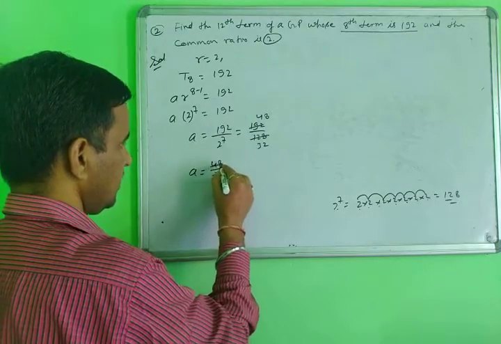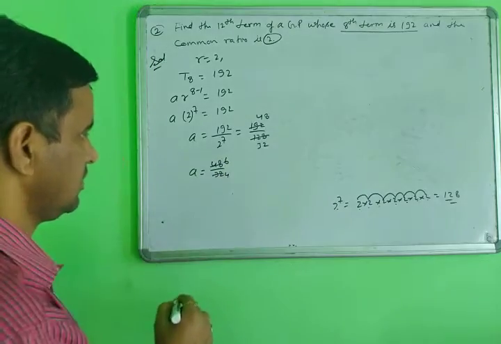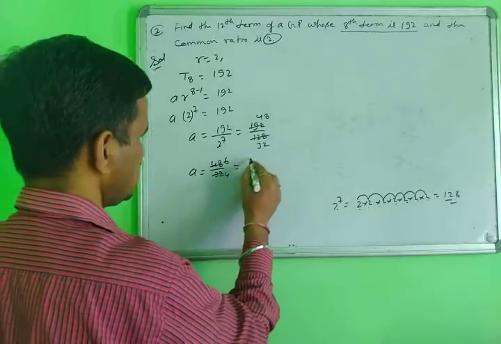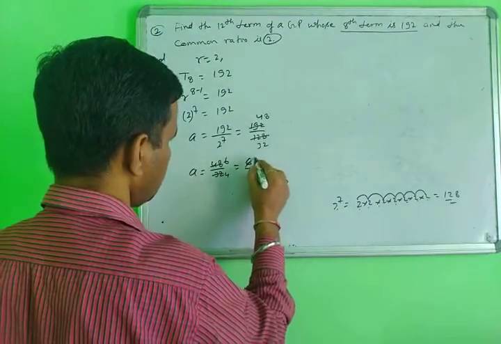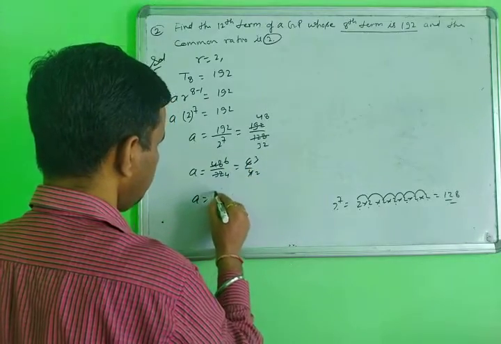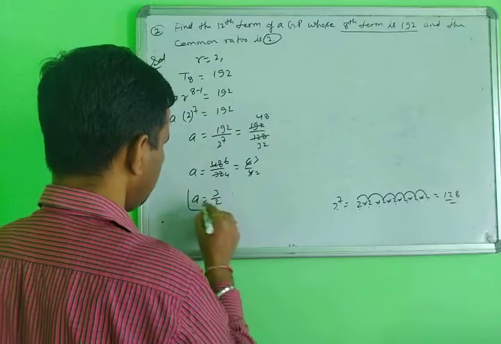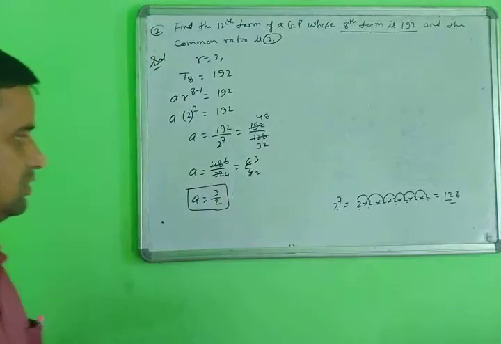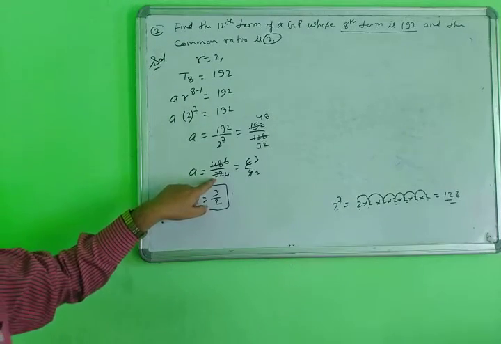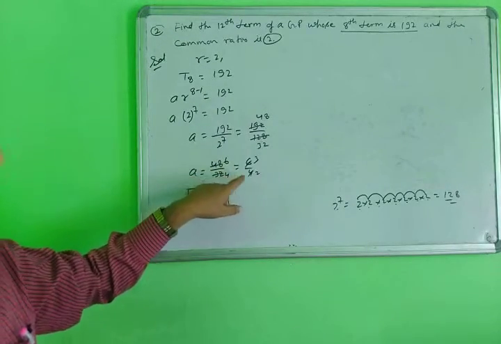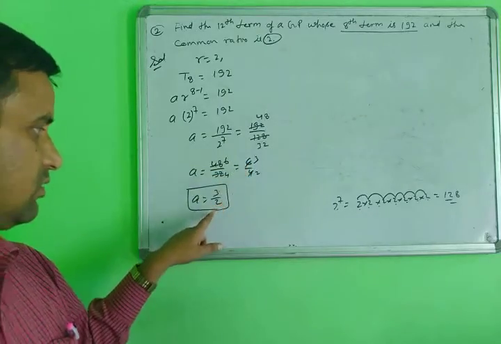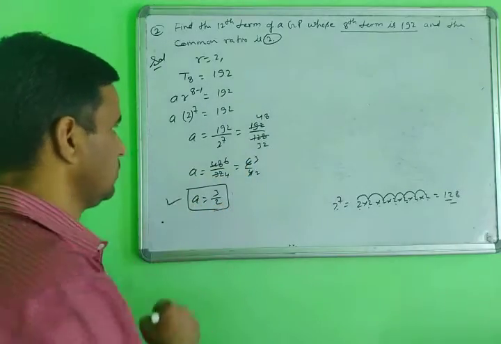Again, 8 times 4 is 32 and 8 times 6 is 48. It means 6 upon 4, and dividing by 2, it becomes 3 upon 2. The value of A equal to 3 upon 2.